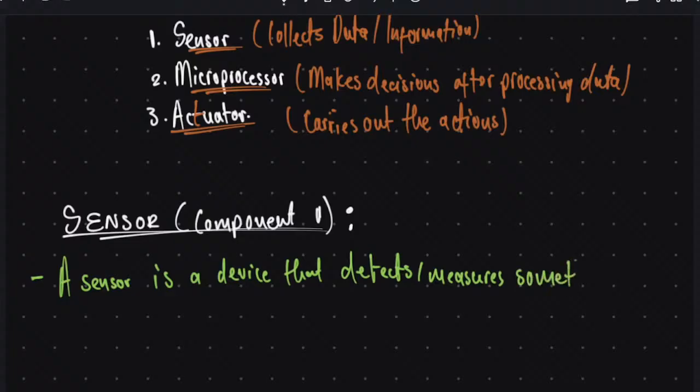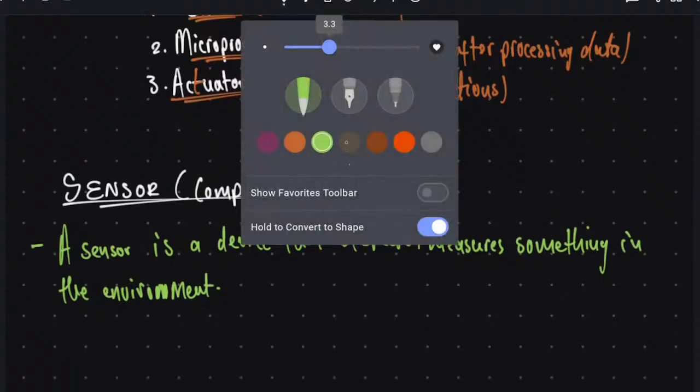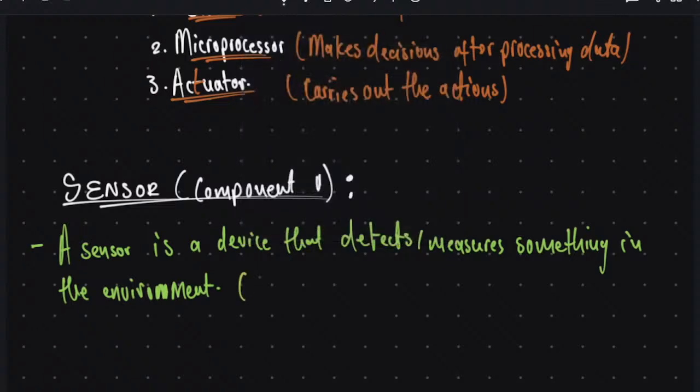That's all it should do. It should detect something in the environment. If there's movement there, a sensor should sense. It's the one that is going to collect the information from the environment. So a sensor collects information or data from the environment.